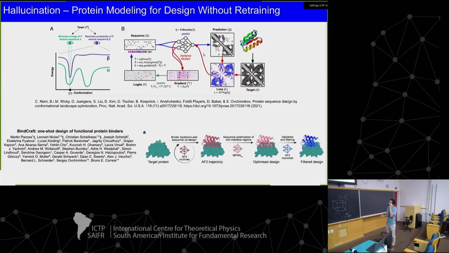So you have two minima here. This is your target conformation, but there is another conformation that your sequence also probably falls into. So what you want is a sequence that has possibly one minimum, which is your target conformation. And it's easier to achieve this by using this approach, which is now also used in a very recent method called Minecraft.